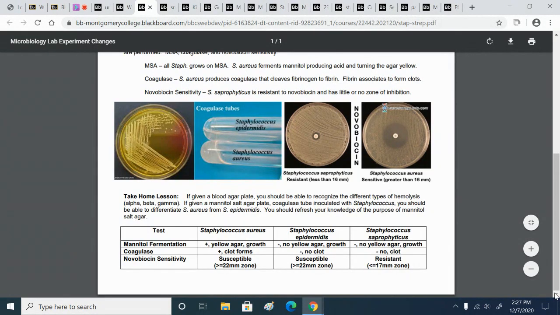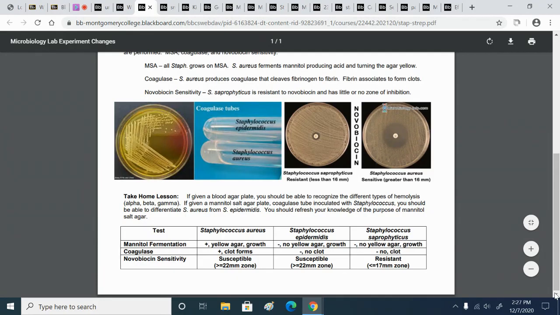Then you would take some bacteria from the MSA plate and inoculate a coagulase broth tube and then do a novobiocin antibiotic test. The coagulase and novobiocin could help to differentiate the other 2 species of staph.